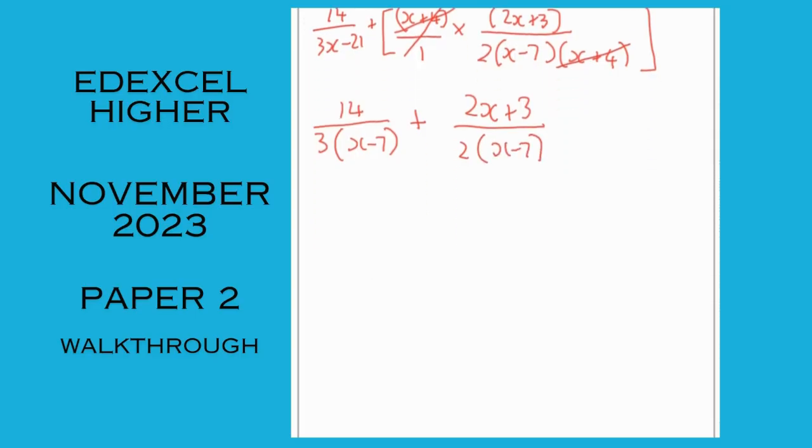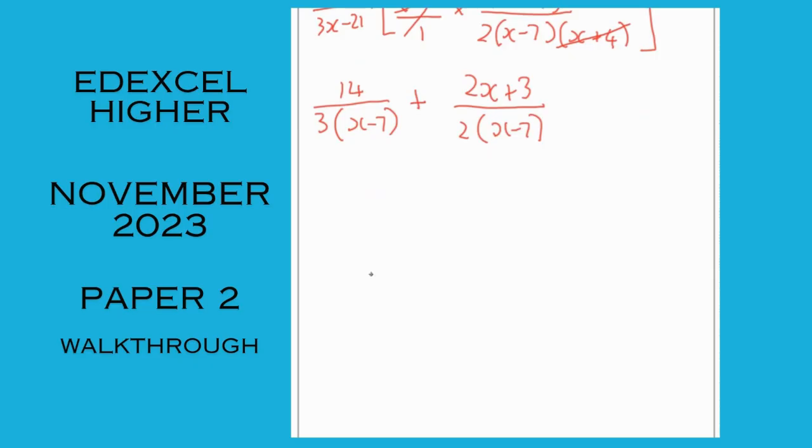You can add them when the denominators are the same. So let's turn the 3 and the 2 into 6. So to do that, we'd need to double the top and treble the numerator over here. 6x plus 9.